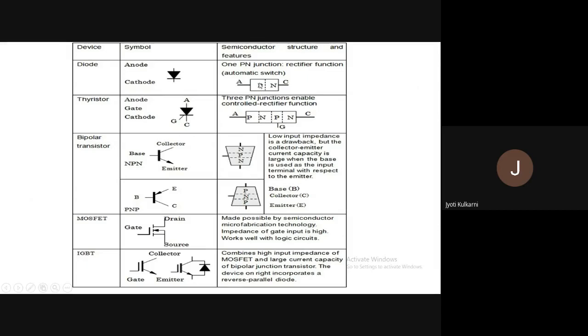Suppose in the ideal condition this P layer has 100 holes present. And in the N layer I get negative polarity because 100 electrons are present. When holes are present, it gives positive polarity; when electrons are present, it gives negative polarity.